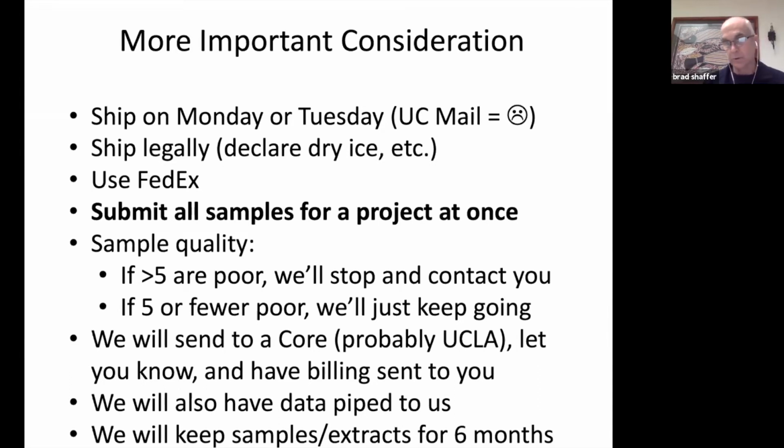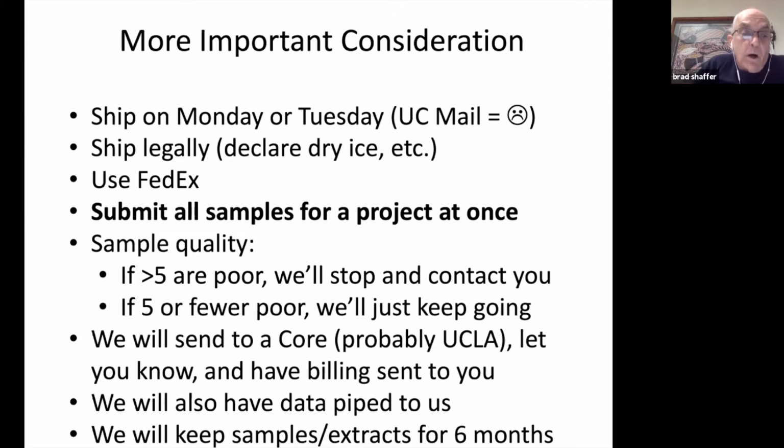If there are any special protocols we need to deal with, we can deal with them all at once. We can assess the quality of each individual sample all at once and have a sense of where we're at, and then push all your samples through together. So please don't send piecemeal bits and pieces here and there if you can possibly avoid it. If for some reason you have to, get in touch with us first.